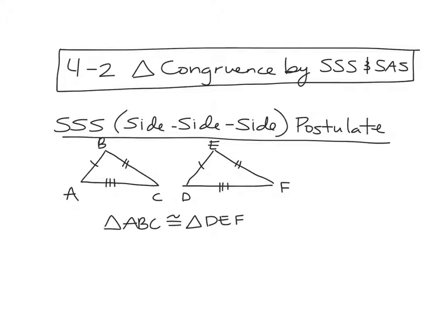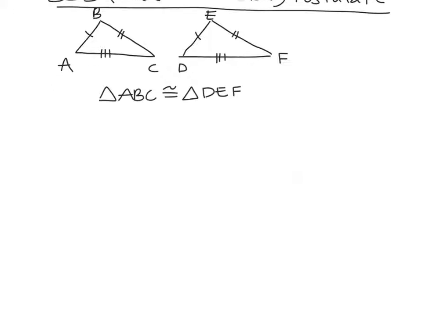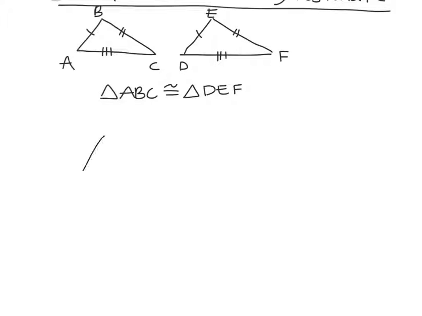The reason that works is triangles are what we call rigid figures. If I have a triangle, so say this is my triangle, and I push on the top of that triangle, you can't keep them together. If you were to push on that side, it's just going to move down the other side. It's not going to shift the whole triangle. So you just can't have 3 different lengths and still keep the angle measures.